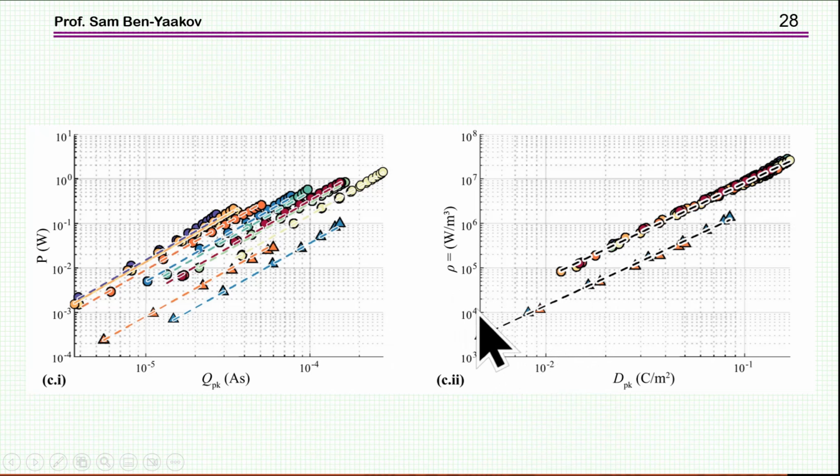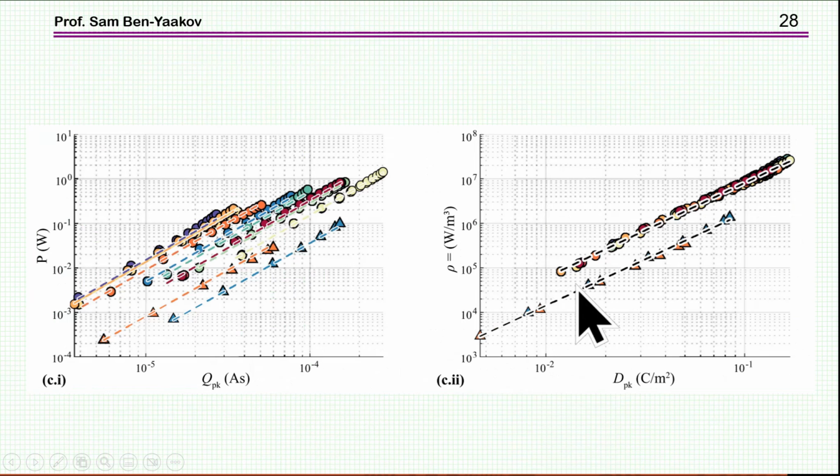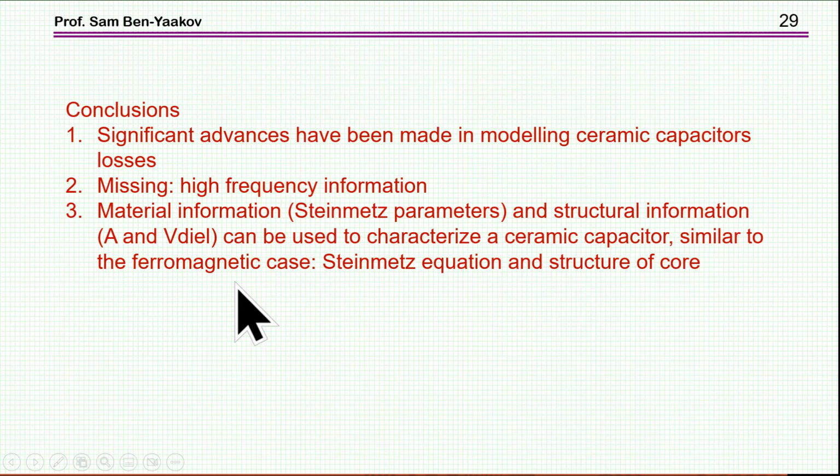As you remember, we have here two groups, so we have here just two lines, which means that we have the same model, which is now describing a group, a family of capacitors, rather than the individual capacitor, like in this case. So let me just summarize what we have seen.